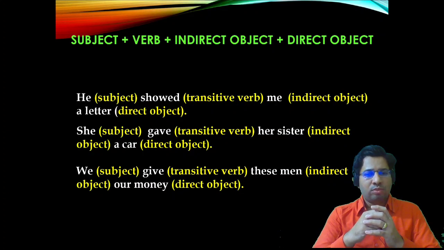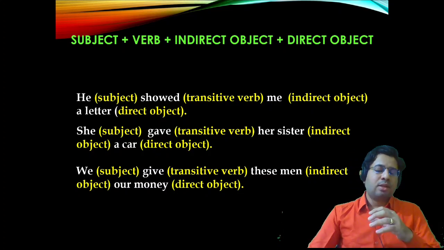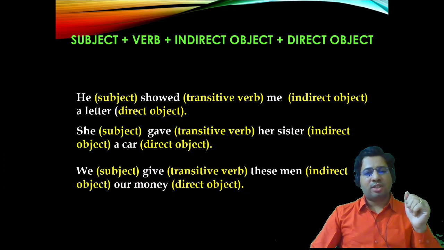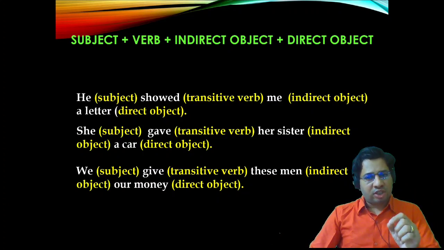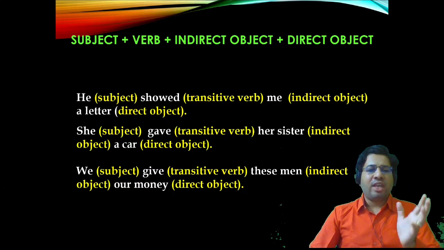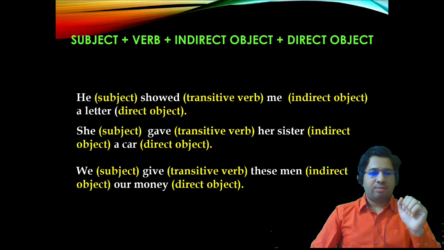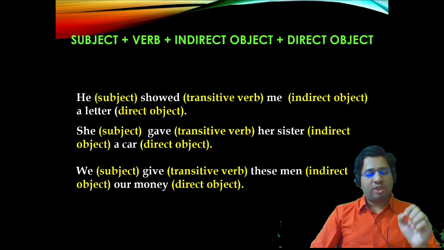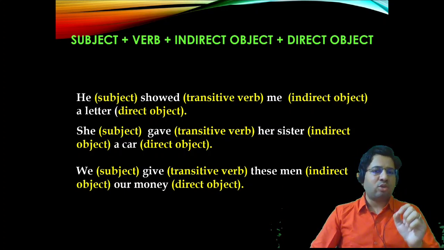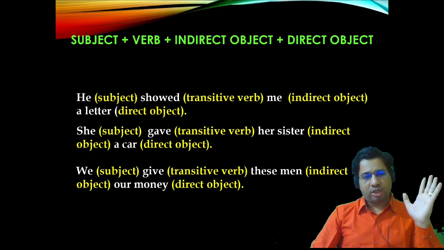To whom has he shown a letter? Me. So the other two examples are, she gave her sister a car. We give these men our money. So this is the way we have learned about subject plus verb plus indirect object plus direct object.